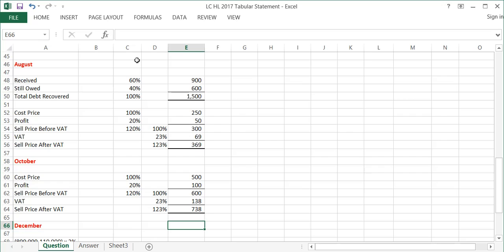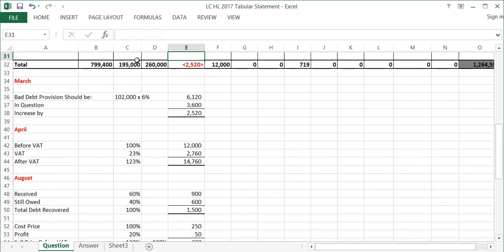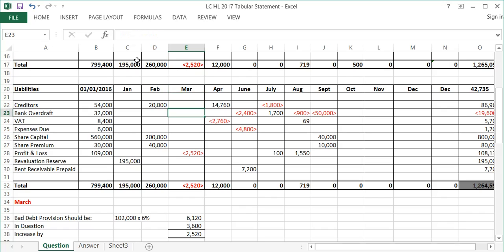The VAT liability is going to go down because originally the VAT liability would have gone up when I sold the goods, but now the goods are returned, my VAT's going to go down by €138. So in October, VAT is going to go down by €138.